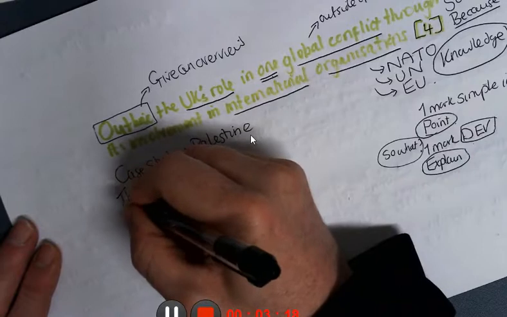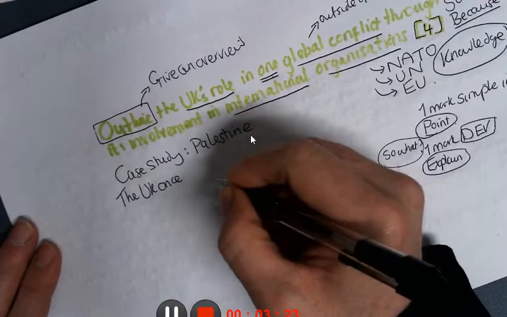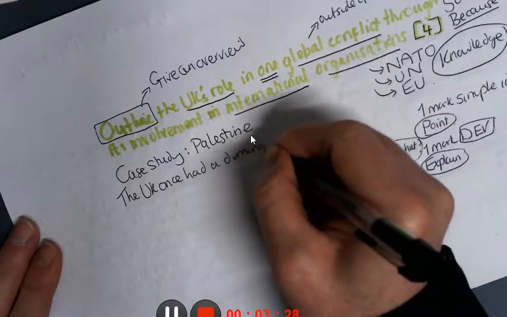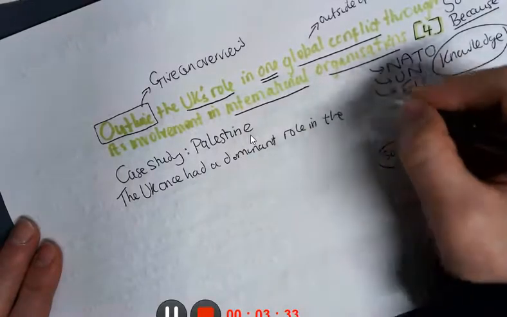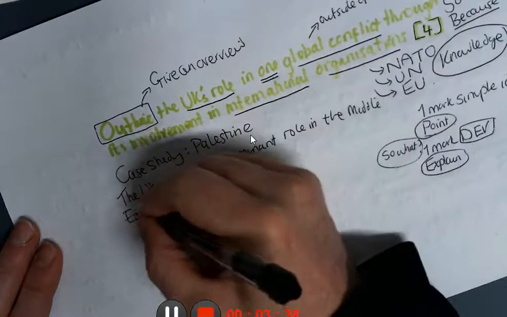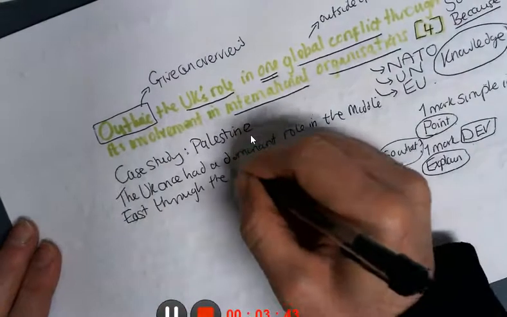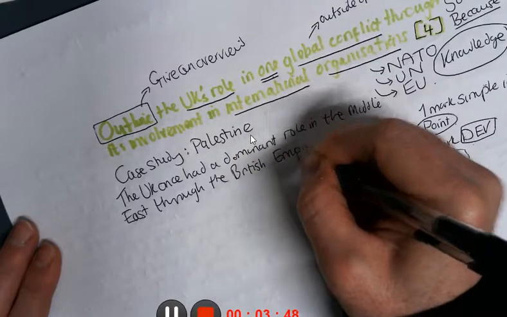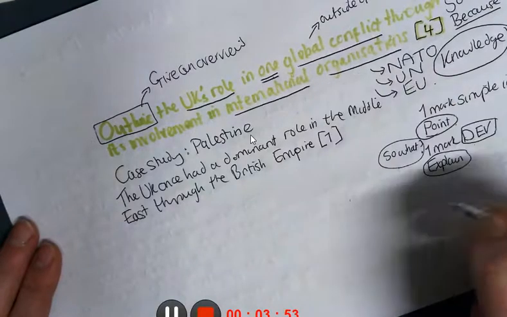So what you want to say is the UK once, because it doesn't so much anymore, had a dominant role in the Middle East through the British Empire. Now, if you had written that in an exam, the examiner is going to go 1 mark right there.